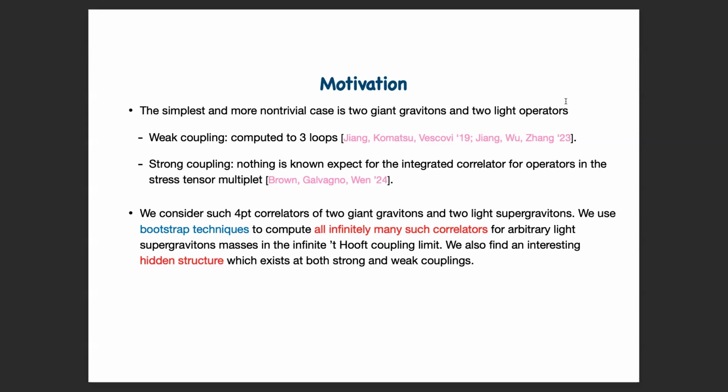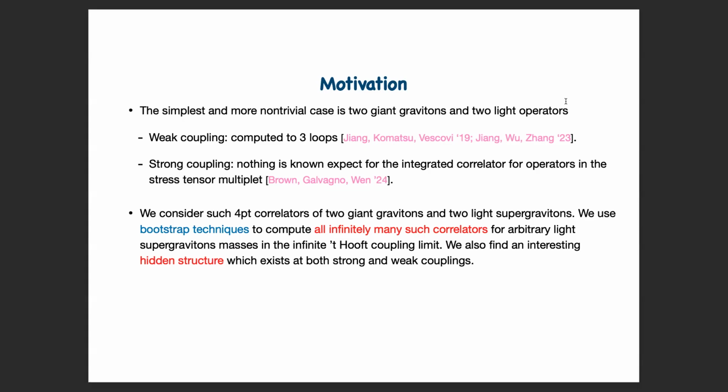The only thing we know at strong coupling actually comes from the so-called integrated correlator. This is a result obtained from localization techniques. Localization can compute a certain integrated correlator. Basically, you take the correlator and integrate it with some measure, so ultimately you get a number.